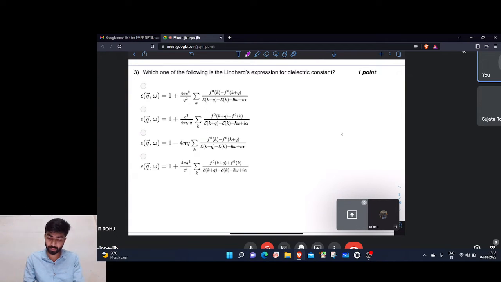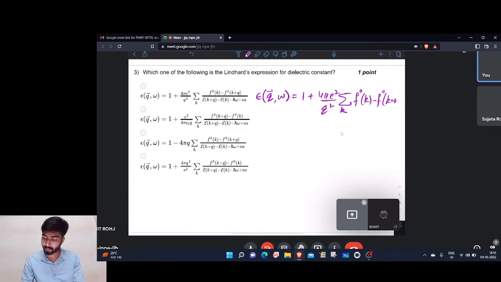Lindhard's expression comes from a rigorous theory, where epsilon, which is a function of the perturbation wave vector q, a vector, and frequency omega, is equal to 1 plus 4 pi e square by q square, where q is again the wave vector, summation of all the k states. f naughts are the Fermi functions, the difference in Fermi functions at k and k plus q, divided by the energy corresponding to k plus q minus the energy corresponding to k, which is nothing but h bar square k square by 2m, minus h bar omega plus i alpha, where alpha is a small positive constant.